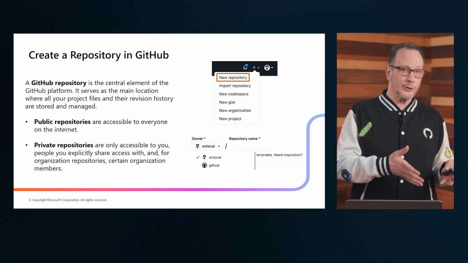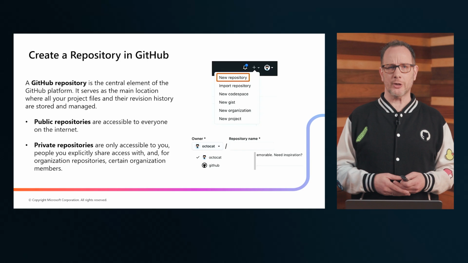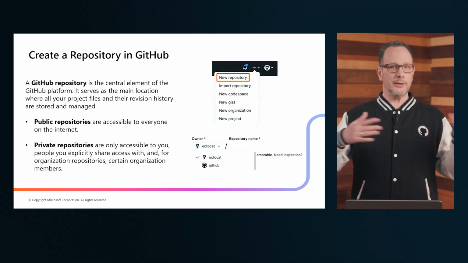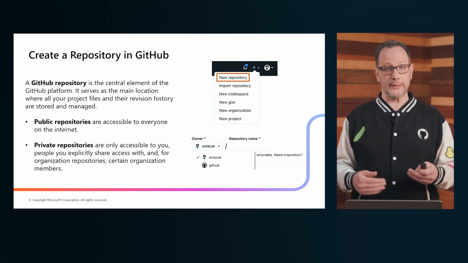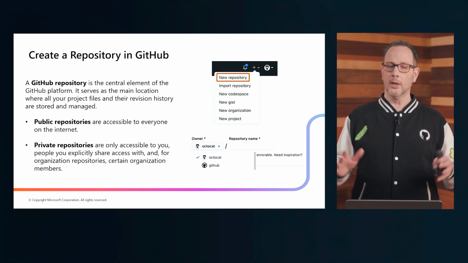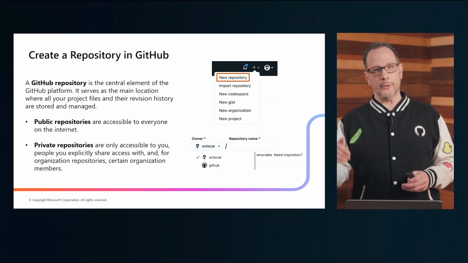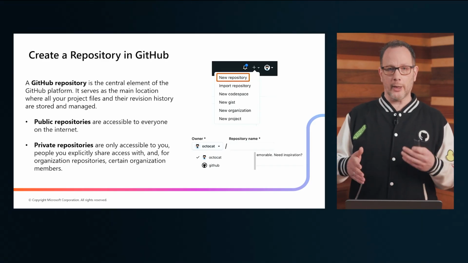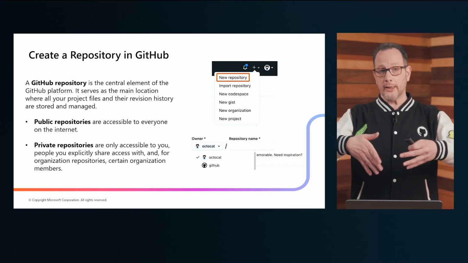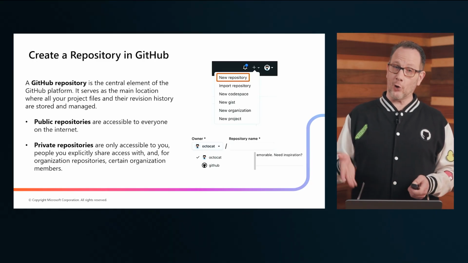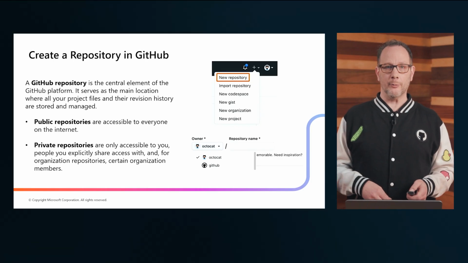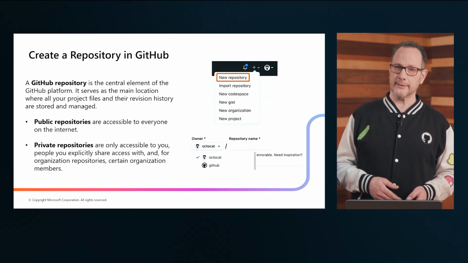Perfect for internal tools and, yes, sensitive projects. Understanding these distinctions helps you set up your development environment correctly from the start. So once your repository is created, you're ready to begin structuring your project and inviting others to contribute. Keep in mind that you can always change the visibility of the repo through the repository settings.